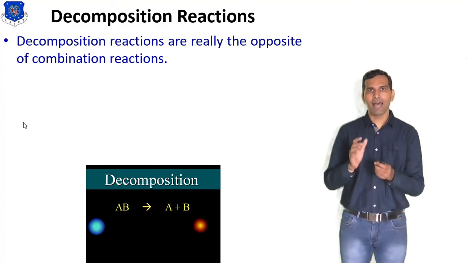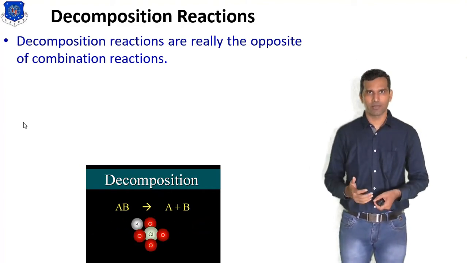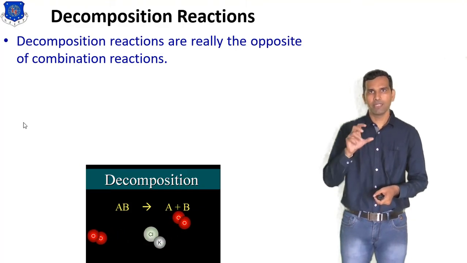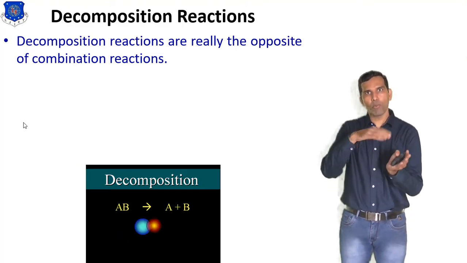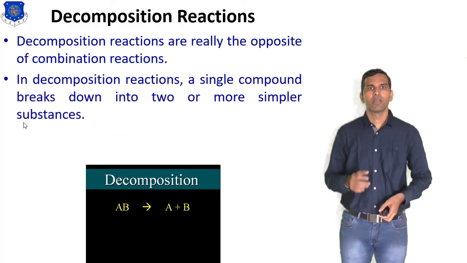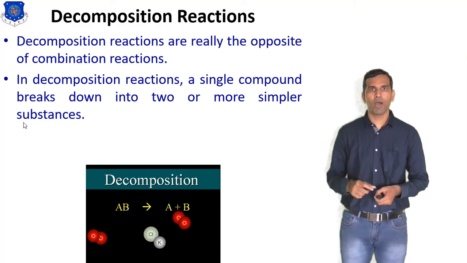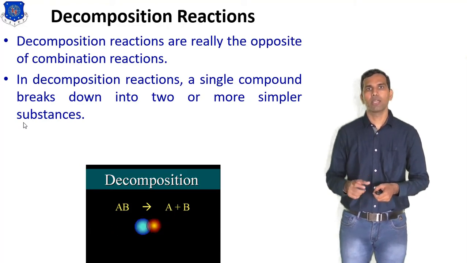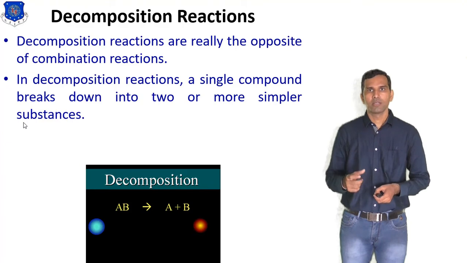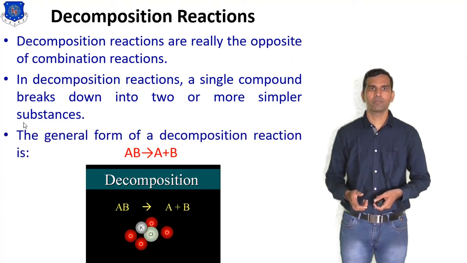Decomposition reactions are really the opposite of combination reactions. That means in this reaction the opposite procedure is followed. In a decomposition reaction, a single compound breaks down into 2 or more simpler substances.